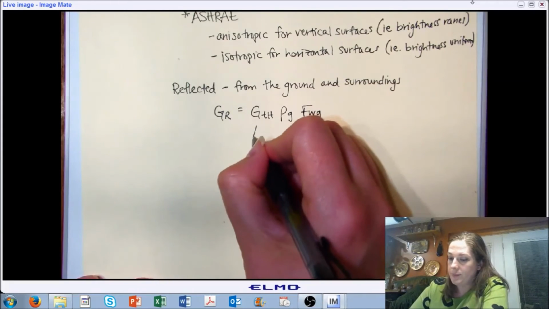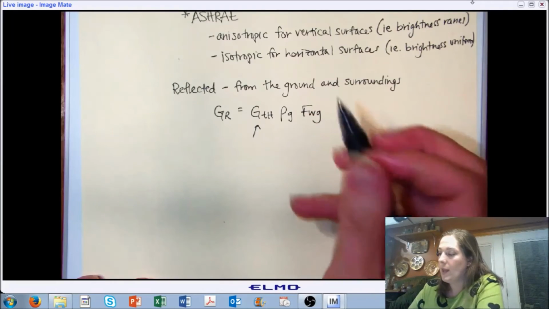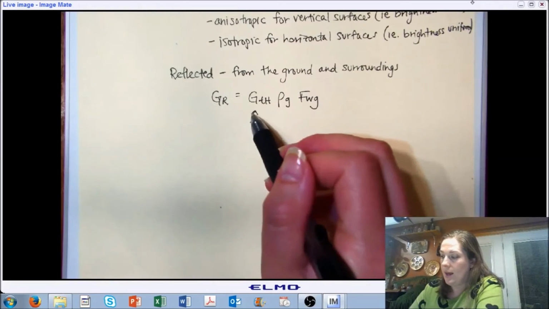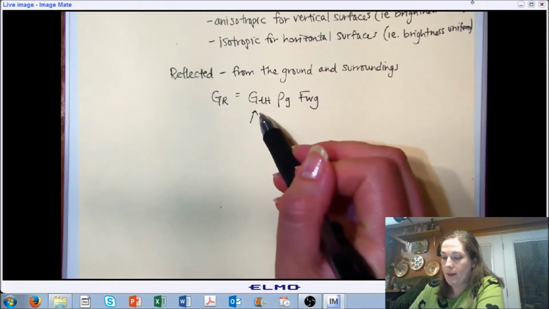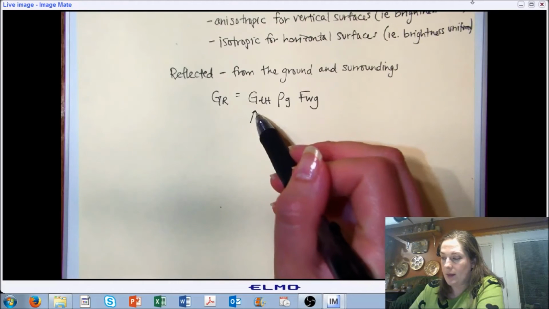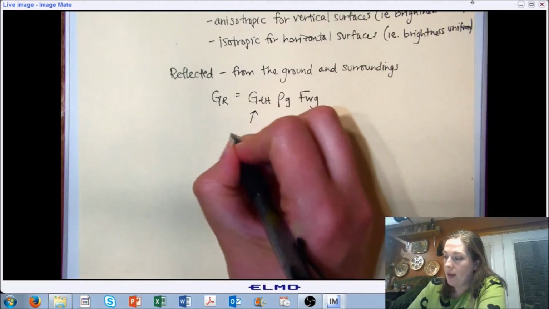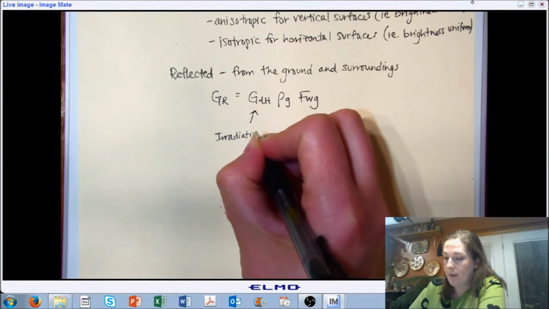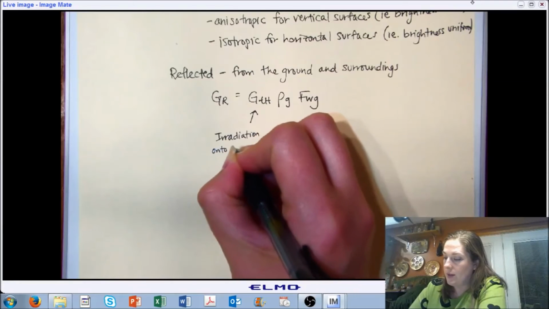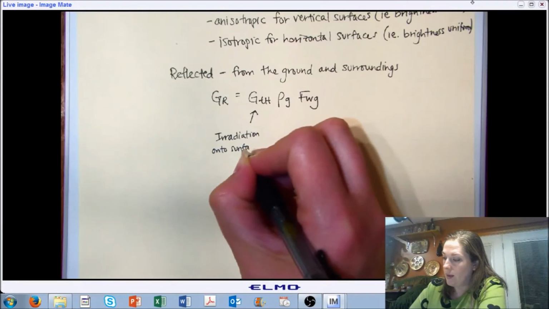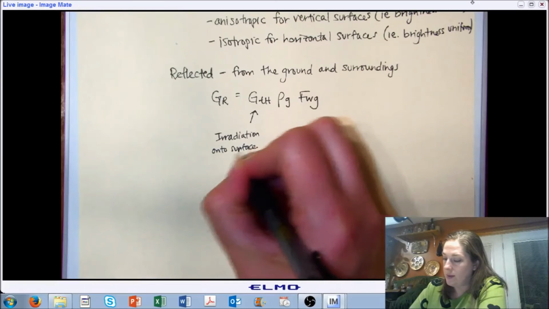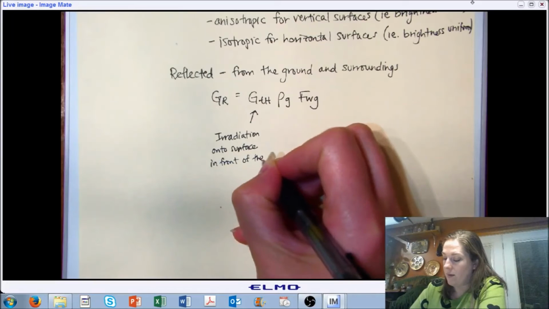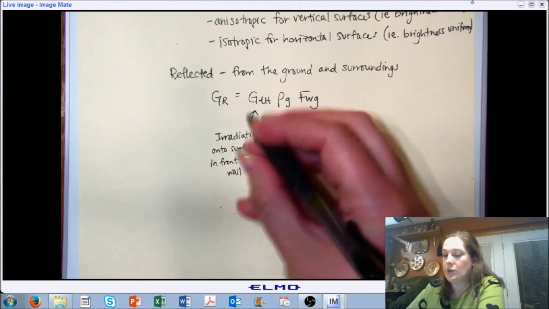All right. So the reflected radiation can be calculated as, so this is the irradiation that falls onto the surface that your reflected portion is coming from. So this is the radiation onto the surface in front of the wall or the vertical surface that you're interested in.